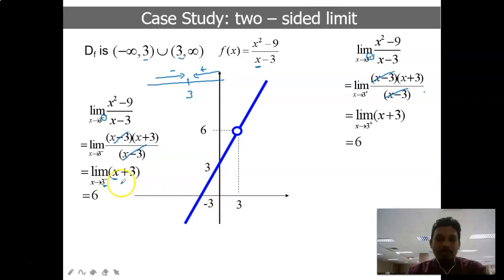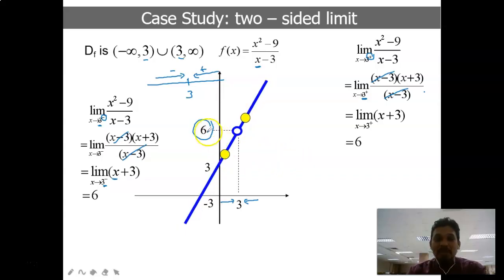When x approaches 3, we're talking about x equals 3 here, approaching 3 from the left and 3 from the right. Look at the graph: it approaches one value of y here, which is y equals 6.